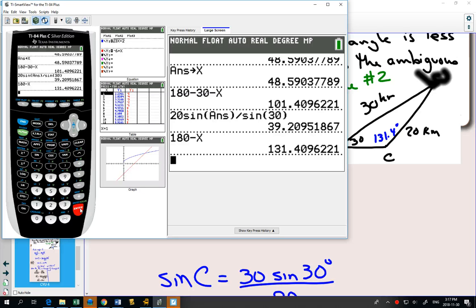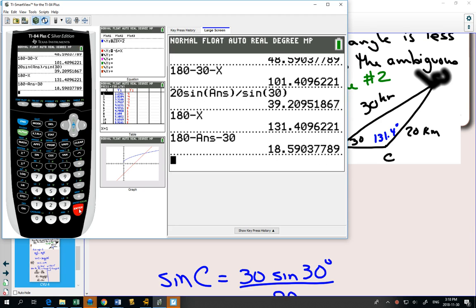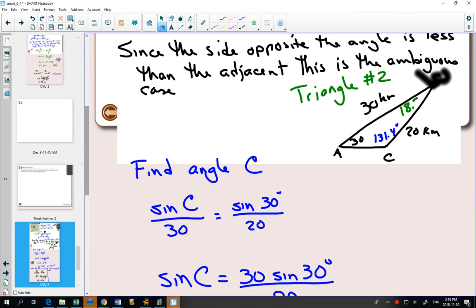If I would do 180 minus that answer minus the 30 degrees, 18.59. 180 minus those other two angles, the 30 and the 131.4.